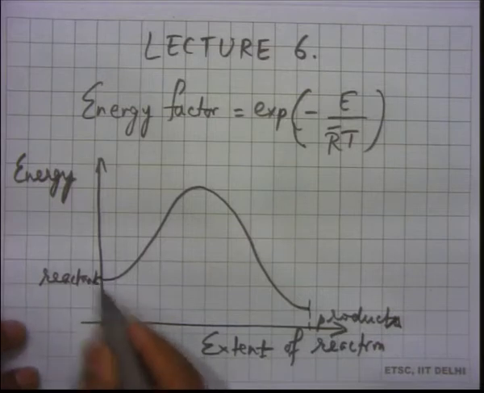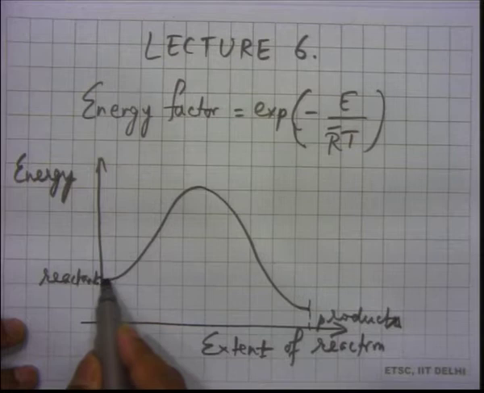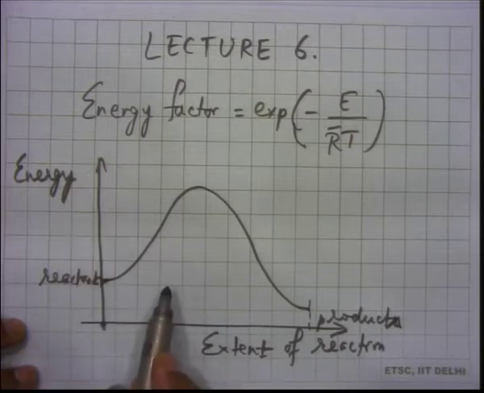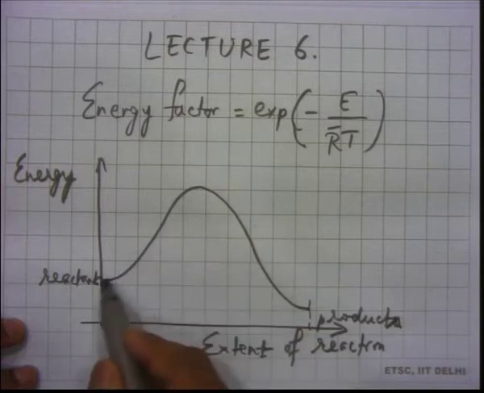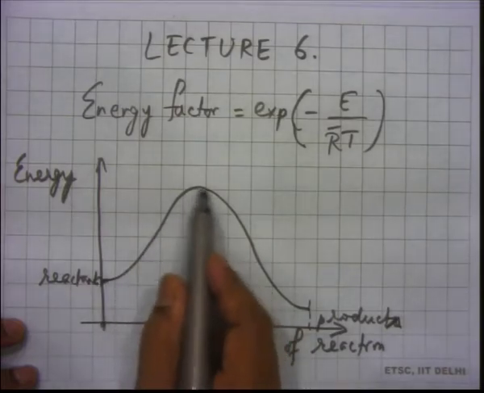So, what this plot tells you is that you have reactants with certain amount of energy, and they will give you some extent of reaction, but to give you products they have to cross over this so called hill.